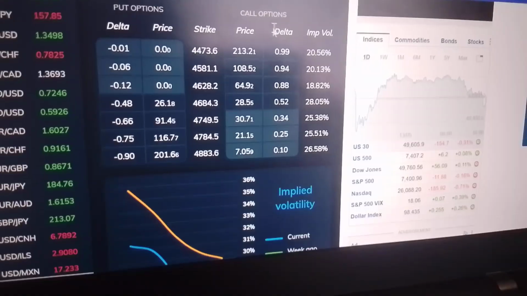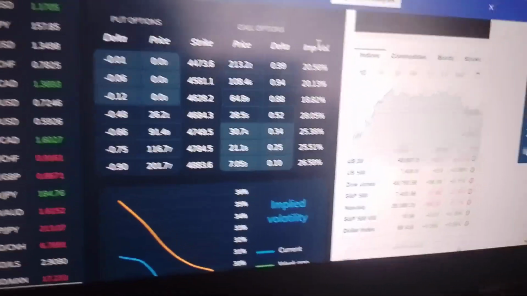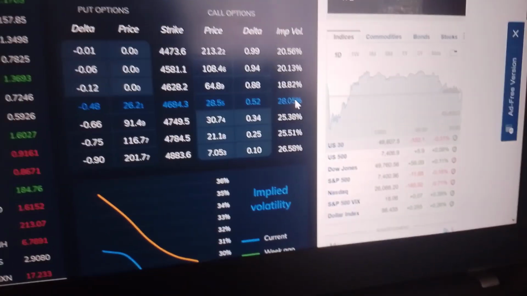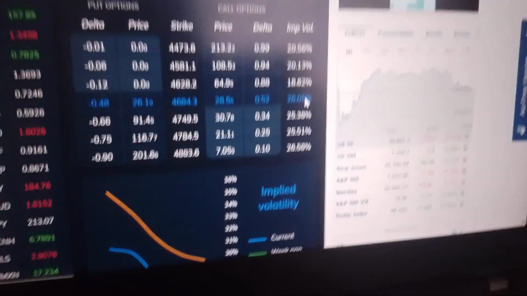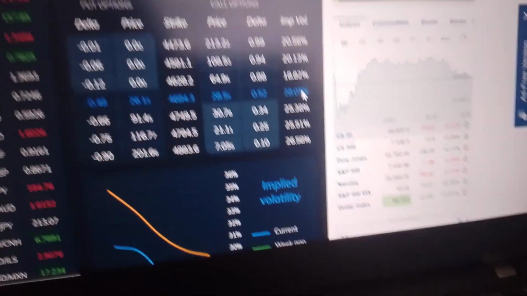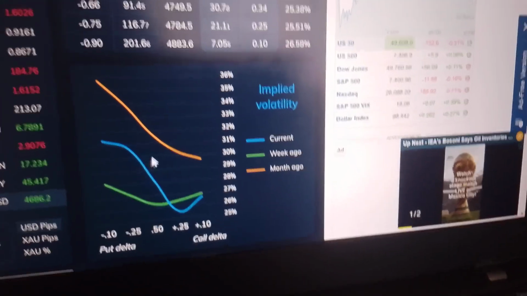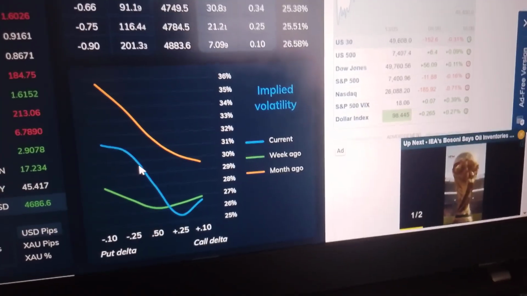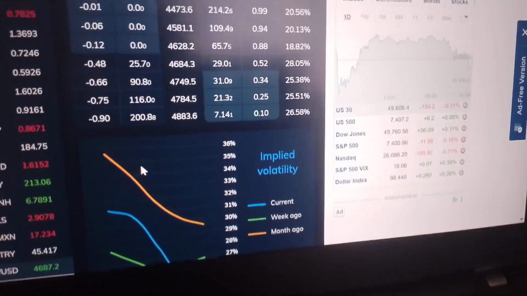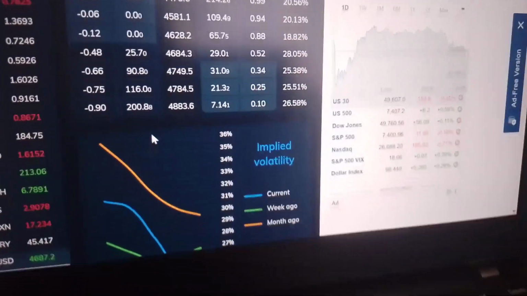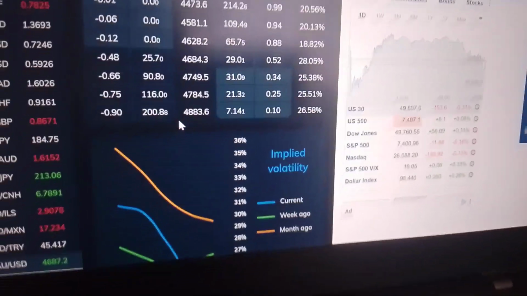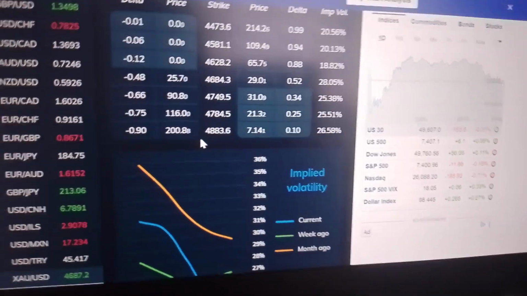It is the same on this side. Then you have the implied volatility, which tells us how volatile the market will be at that specific zone. Then we have gamma, which represents how willing buyers or sellers are to execute. If we have a maximum gamma zone like 0.5 delta, you anticipate a very nice reversal.